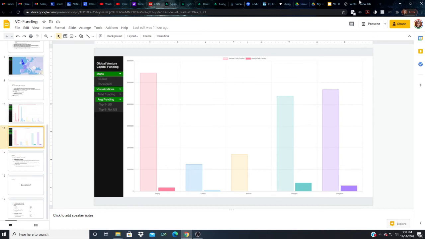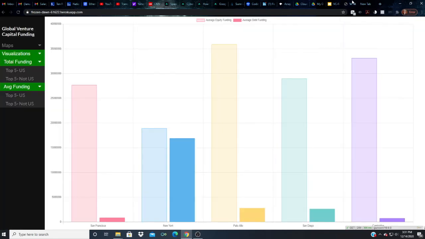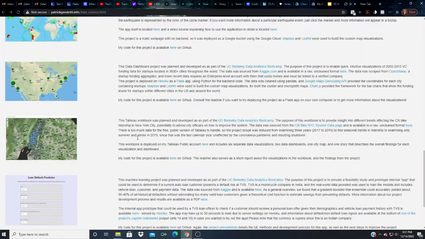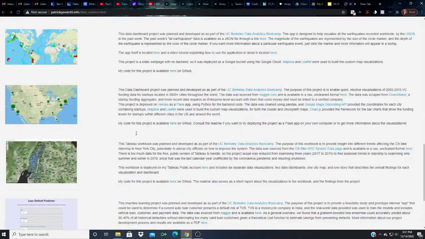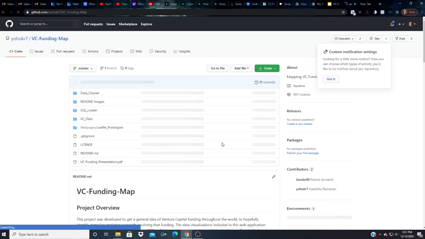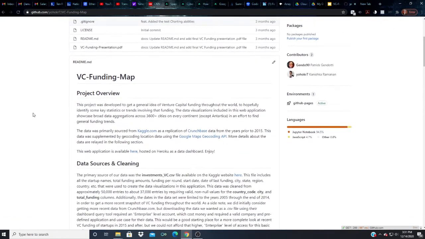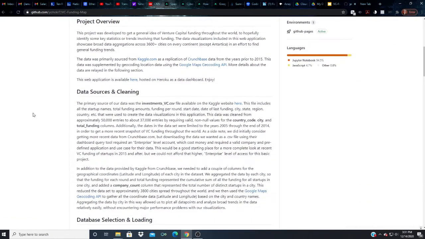And then if you go back to my website, it has other data science apps listed, but really what we'd want to look at is that the code is available here, and you can see that it's got a README.